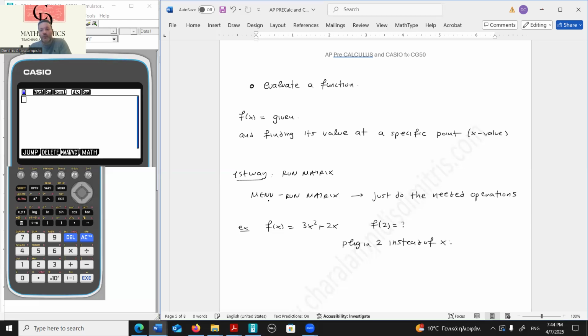This creates 3 times 2 squared plus 2 times 2, which is exactly what I insert in the GDC.